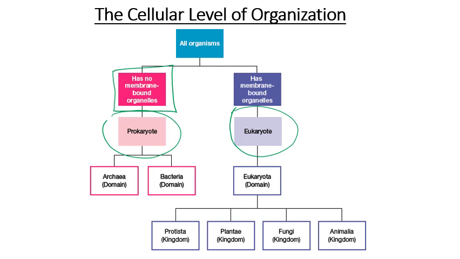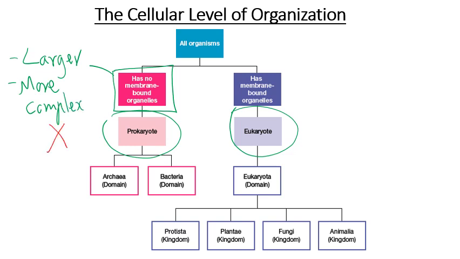And we'll learn more about the details of organelles later, but essentially membrane-bound organelles are the larger and the more complex organelles. So prokaryotes don't have those. The whole prokaryotic cell is much more simple and only has a few simple organelles, whereas eukaryotes, they are larger and more complex, and they do have those membrane-bound organelles.